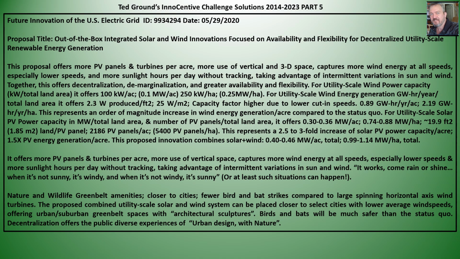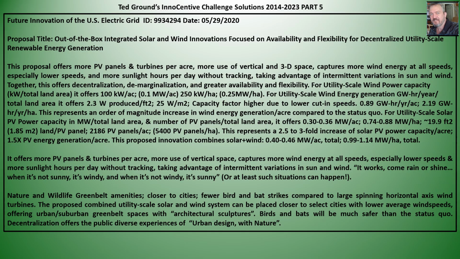The capacity factor becomes higher because of the low cut-in speeds due to the wind scoop factor, where the PV panels are funneling wind into the vertical axis wind turbines. This represents 0.89 gigawatt hours per year per acre.